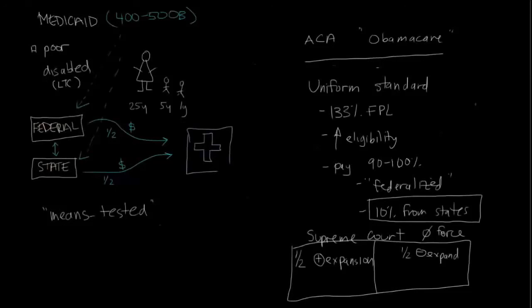Expanding states will get up to 90 to 100% of the cost from the government to start with, and then long term will have to come up with 10% on their own. These states, since they're not expanding, will just continue to have to pay for their existing Medicaid rolls the way they always have.